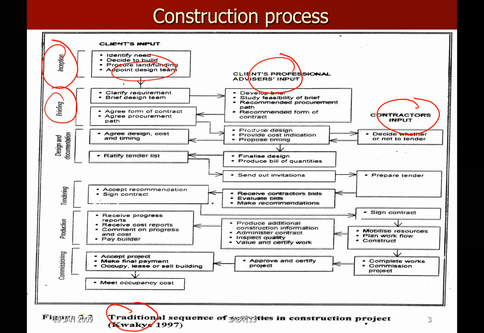So the client will brief the design team on what the intention could be, and it could also consist of a form of contract. You might have learned this. There are many types of form of contract, which basically reflect what type of contract. Contracts normally involve the way to pay the contractor and the way we decide on the relationship with the contractor.